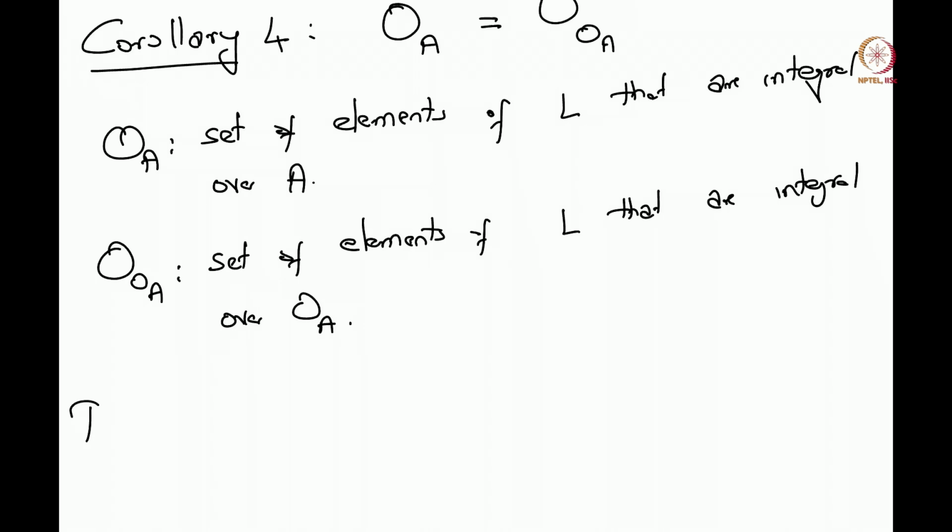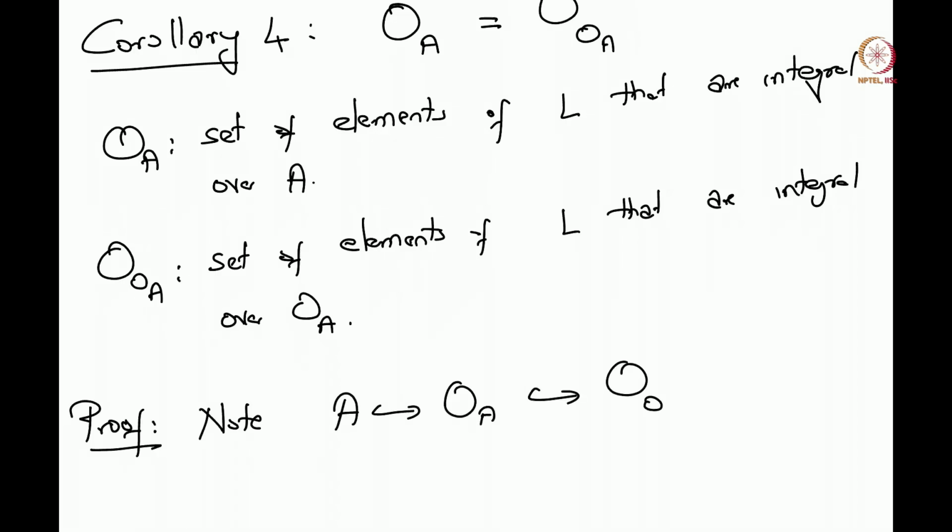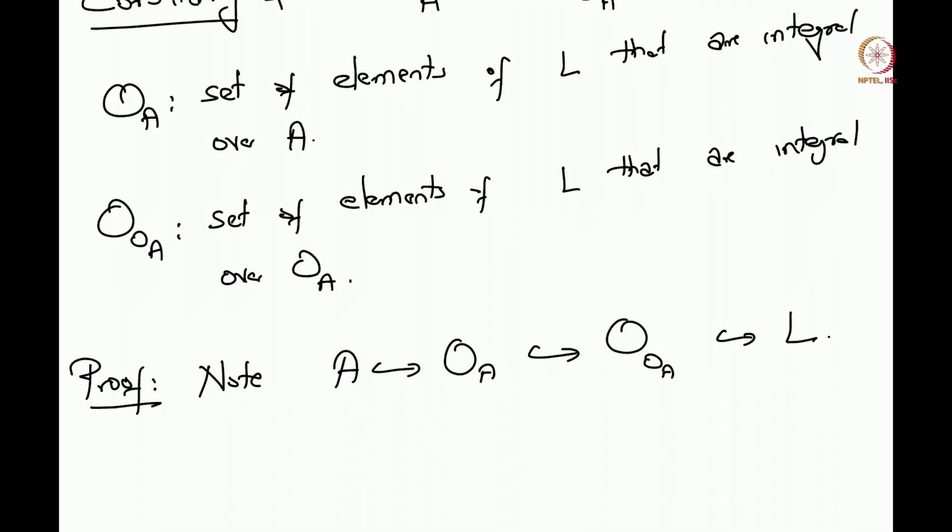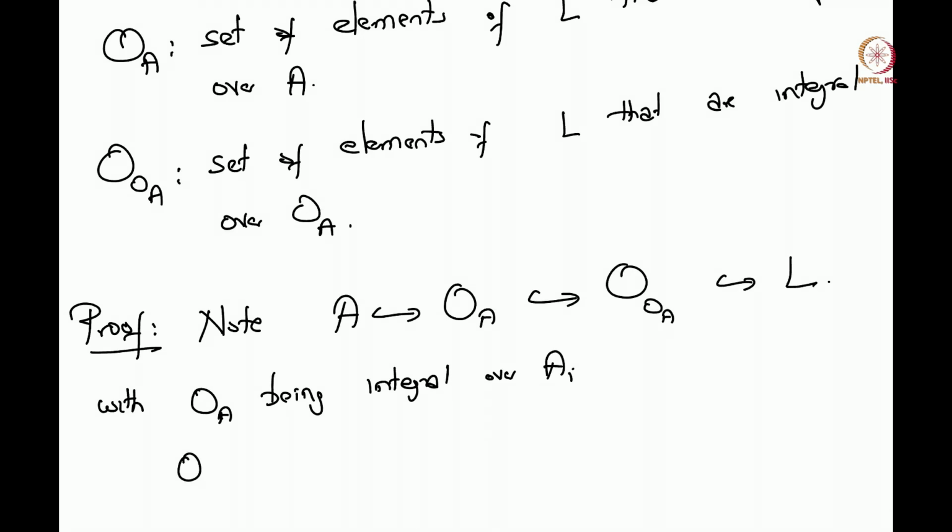Okay, so the proof of the corollary is just, so note we have a sequence of inclusion, A sitting inside O_A, sitting inside O_{O_A}, and everything sits inside L, with O_A being integral over A and O_{O_A} being integral over O_A.